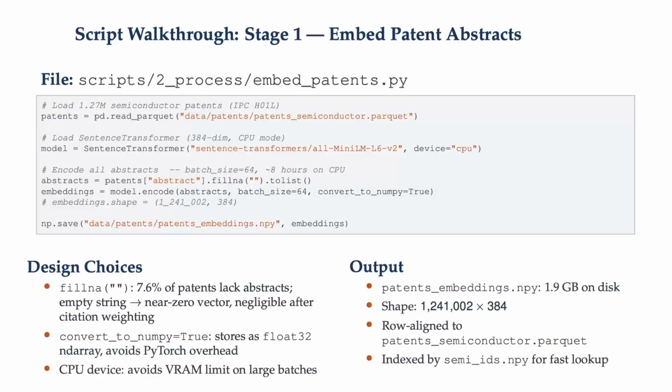We can see that the embedding shape should be 384. As I noted down there, the patent embeddings NPY is 1.9 gigabytes. Shape is 1.24 million times 384.